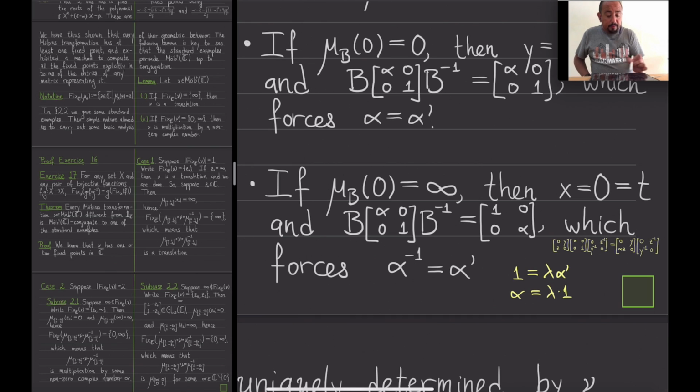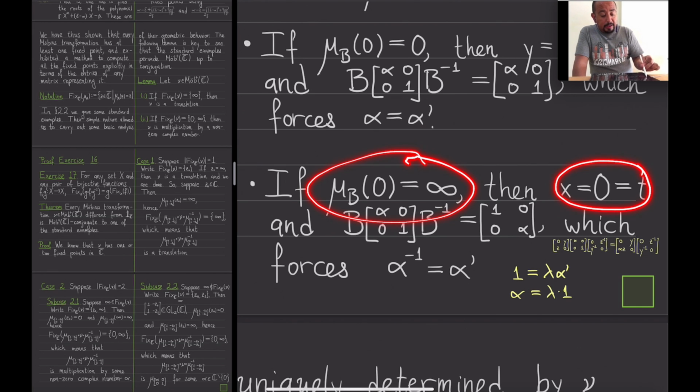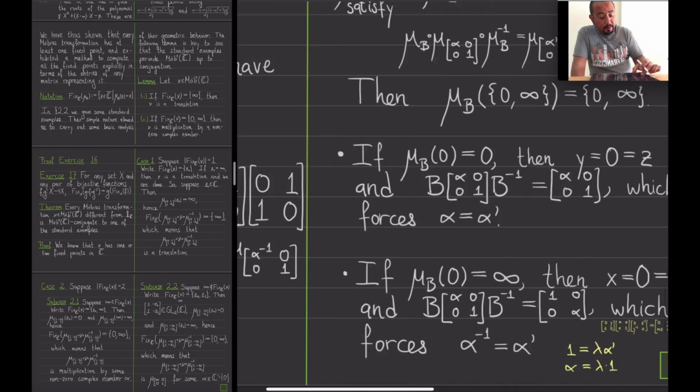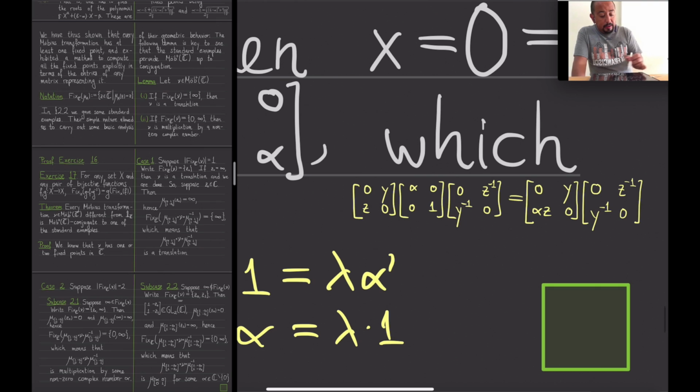A similar analysis in the other case, where first this and the fact that mu of infinity would be 0 allow you to deduce that x and t are 0, so that these entries are 0. And then here is the computation of how the conjugation by b looks like explicitly.